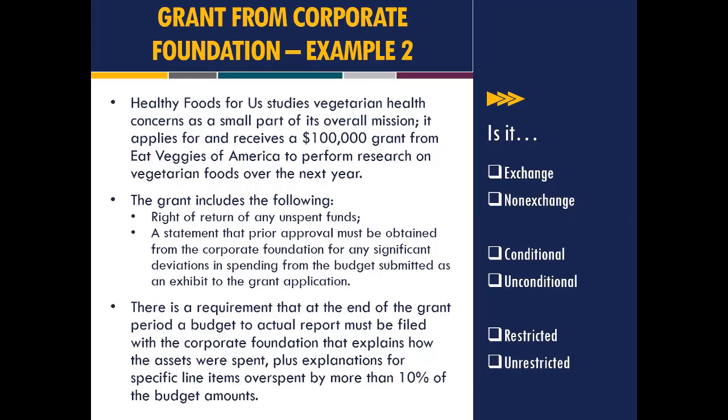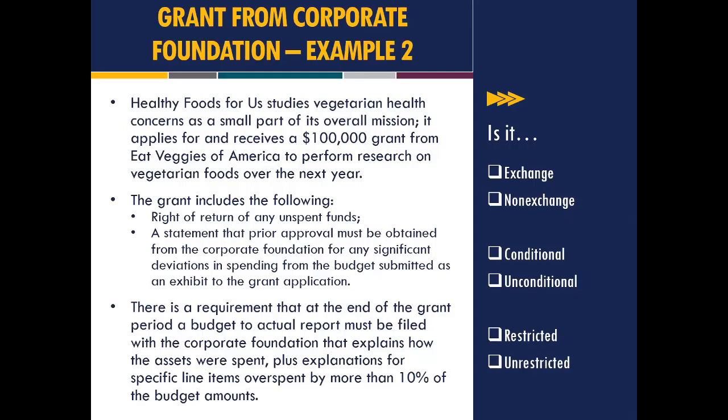There's a right of return on any unspent funds, and there must be prior approval for any significant deviations in spending from the budget that was part of the grant application. There's also a requirement at the end of the grant to provide a budget to actual report and explanations as far as any deviations from the budget line items.